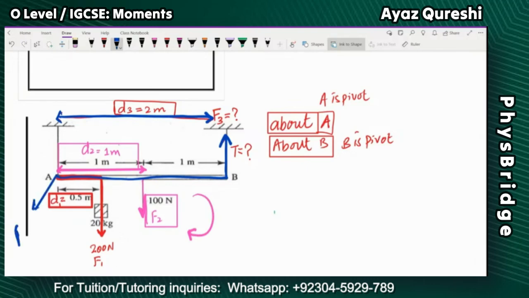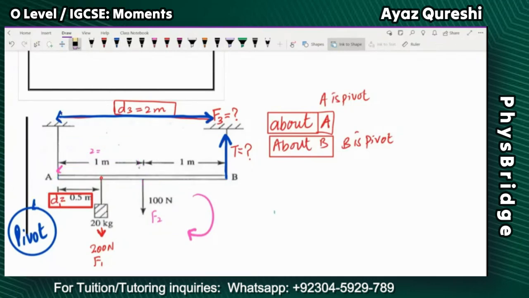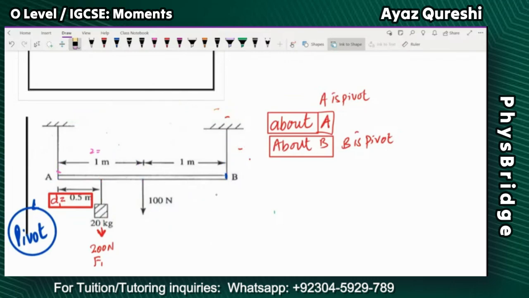So if you just accept that F1, D1 is the distance from the pivot till the point where F1 is applied, and D2 is the distance from the pivot to where F2 is applied. I have erased everything. Here, check this one out. This is simply the pivot.